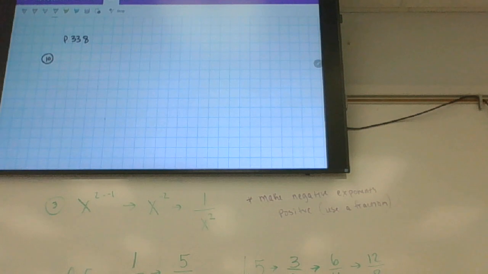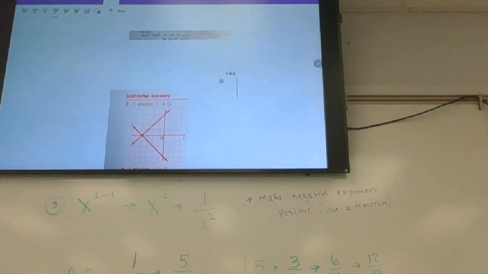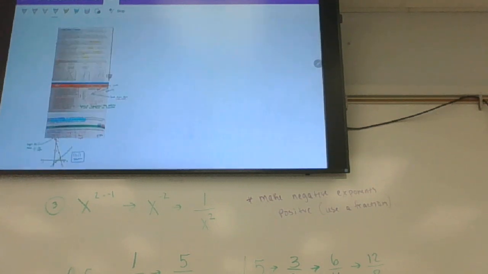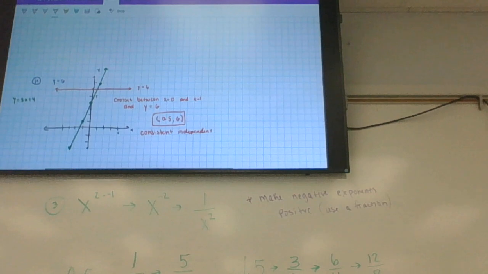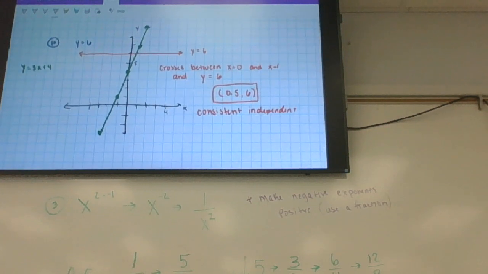Yes, I did not do the whole thing. Here's your answer to number 10. If you graph them both, it should have looked like this. Y equals 6 is a flat line, no slope. The other one is going up. They cross at 0.56 approximately.